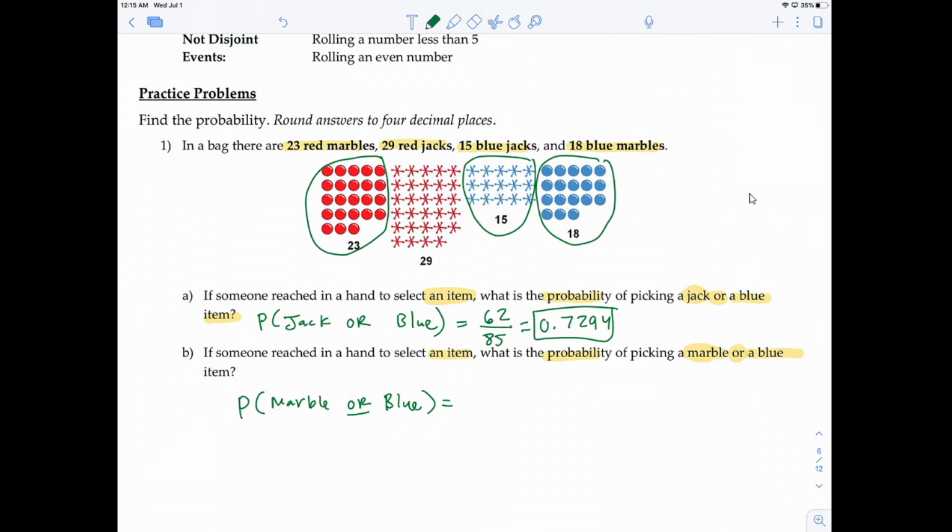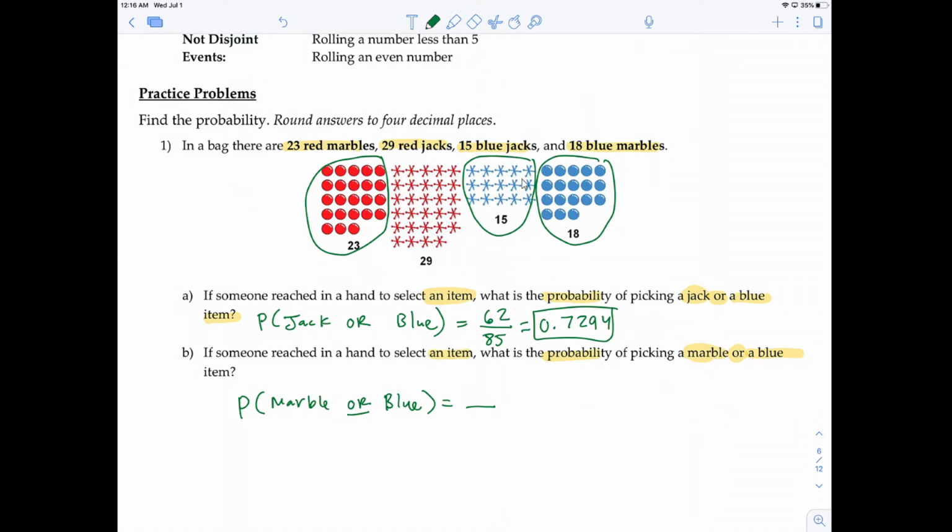Again, you want to imagine an OR probability like we're going to treat these items as if they're people in a room. The numerator of the probability would be the number of ways in which we can pick a marble or blue, and we would say stand up if you're a marble or blue.